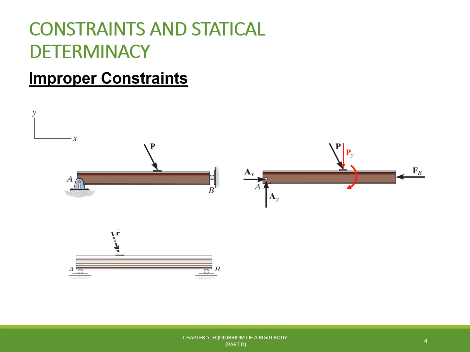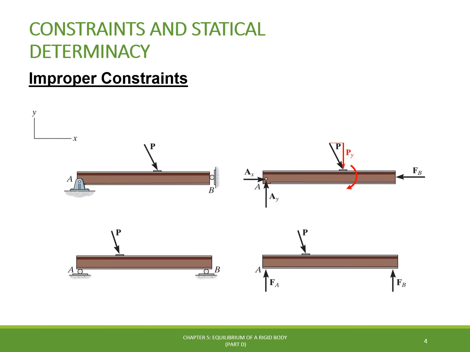Another example can be shown in this figure here, in which the beam is supported by two rollers at A and B, and the load P is applied at the top of the beam. Here, both rollers are not prepared to support the horizontal component of the applied load, and the consequence will be the beam sliding in the X direction.